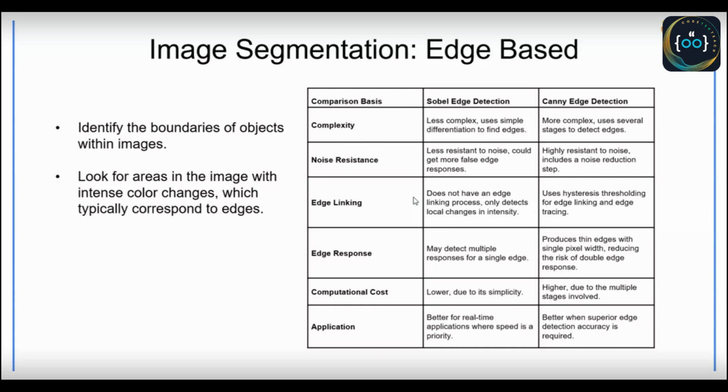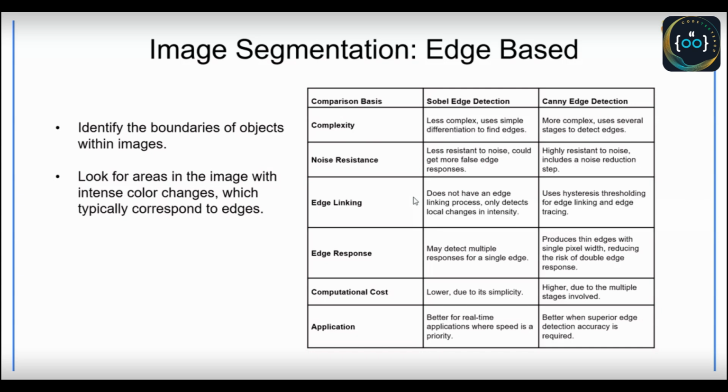Edge detection is a critical operation in computer vision and image processing. It is used to identify the boundaries of objects within images, and we accomplish this by looking for areas in the image with intense color changes, which typically correspond to edges.